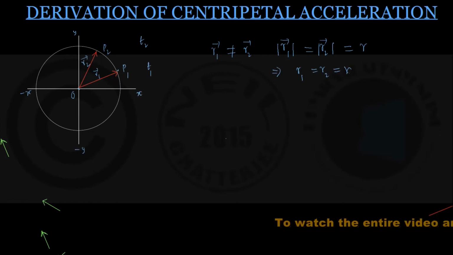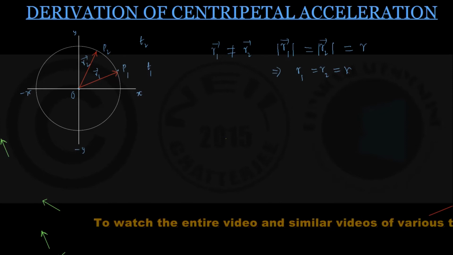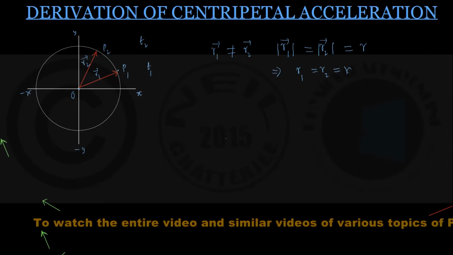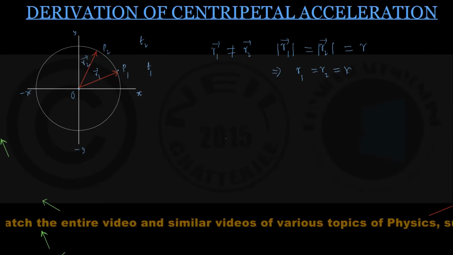So R1 and R2 are different vectors because they have different directions, but their magnitudes are the same, which is equal to the radius of the circle described by the particle P.